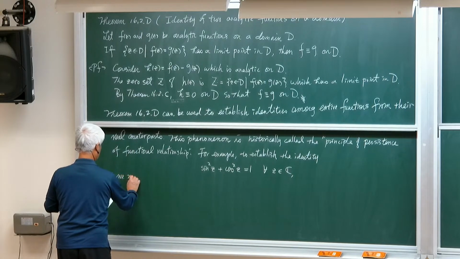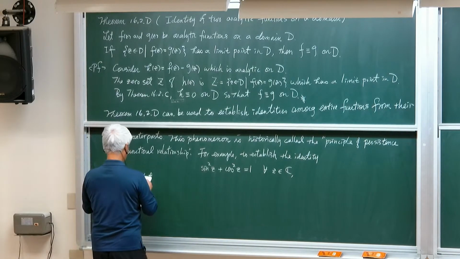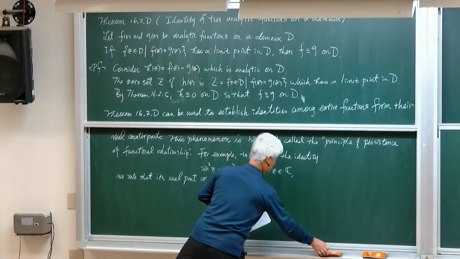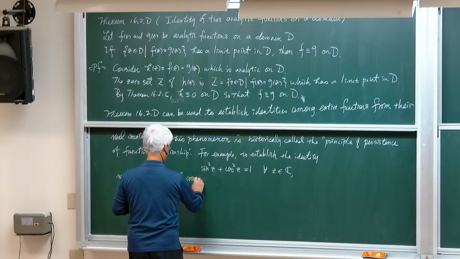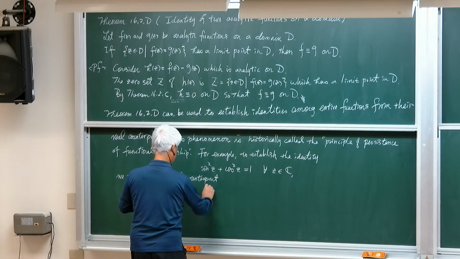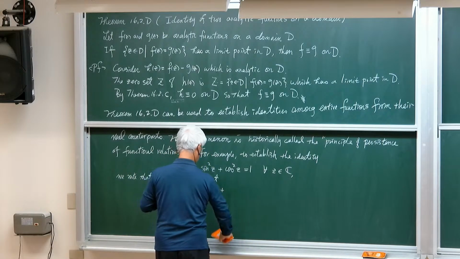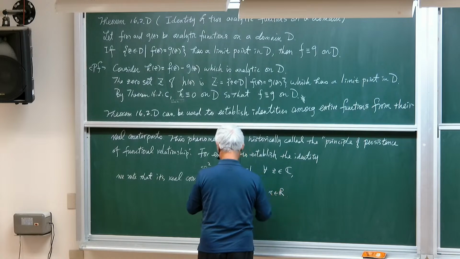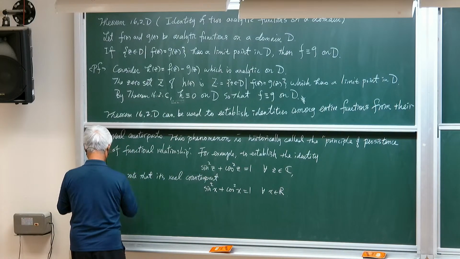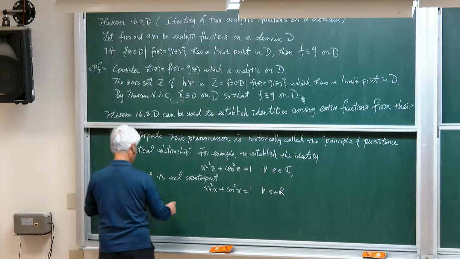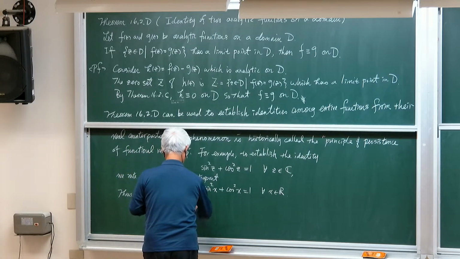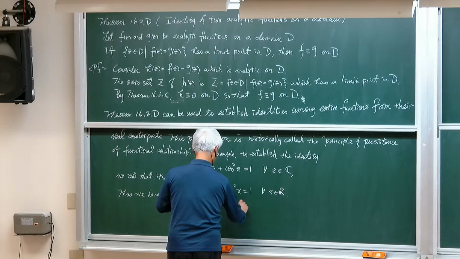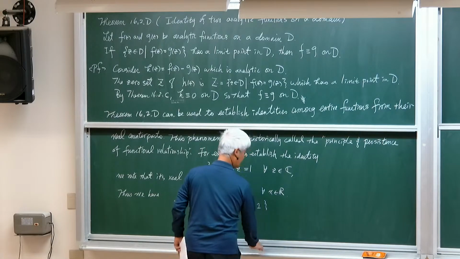We know that its real counterpart is sine squared x plus cosine squared x equals 1 for x in R. Thus we have that the set R, the real line, is contained in the set where they agree, and this is 1.